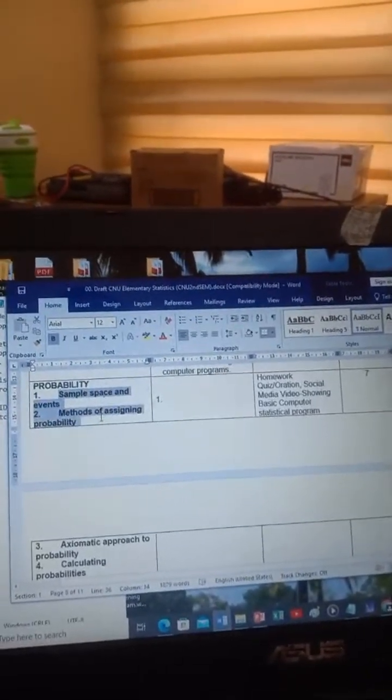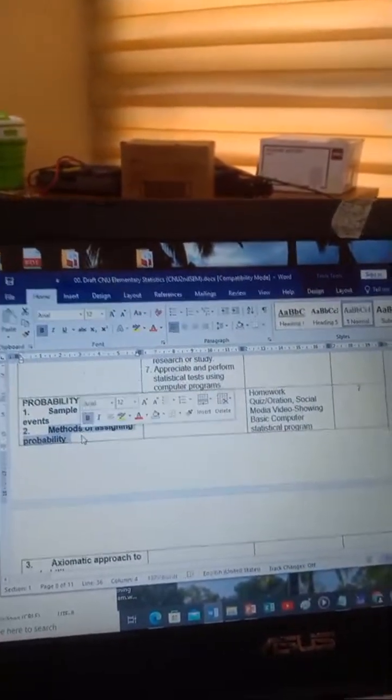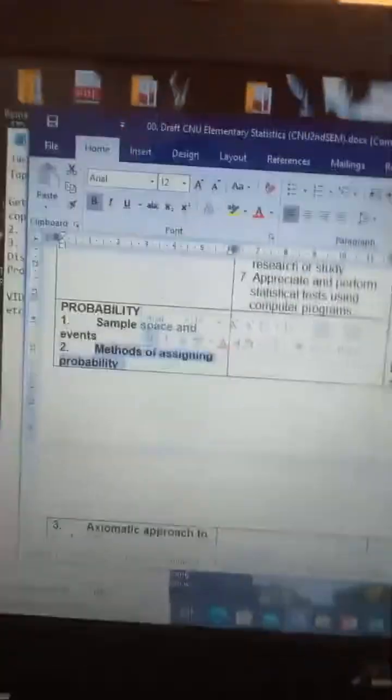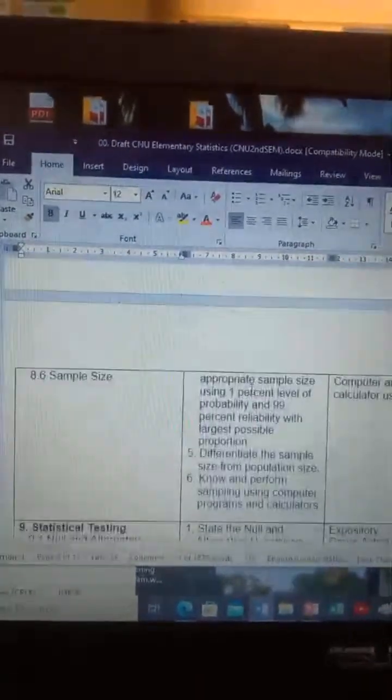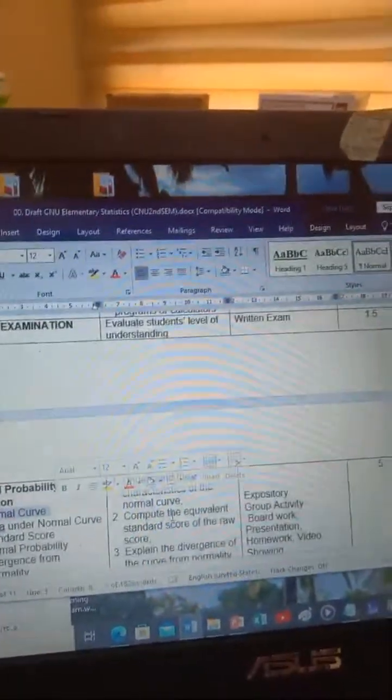We have discussed this one, but we have not yet thoroughly discussed the methods of assigning, so we'll continue on this, and after that we'll go back to the normal curve. That's how the sequence should be, so we follow, okay?